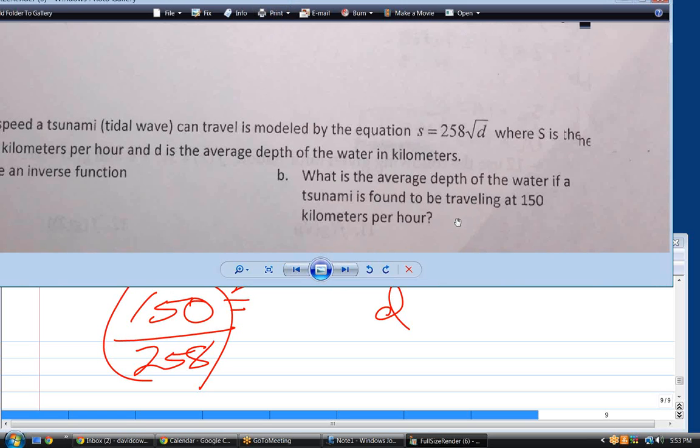Depth is the average depth of the water in kilometers. Oh, okay, that's good. No, we're fine. Kilometers is a lot. That's almost a mile. So coming up with a depth of less than a mile is okay. As long as it's not less than 1 foot, then we'd have a problem.